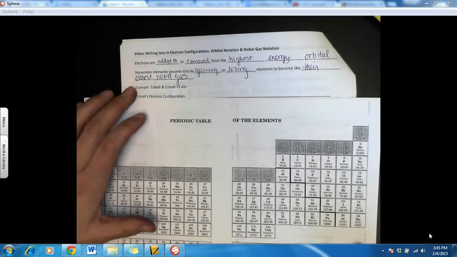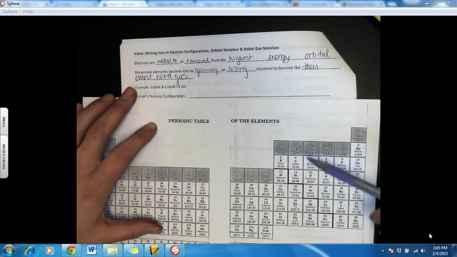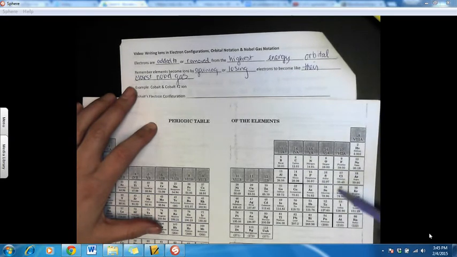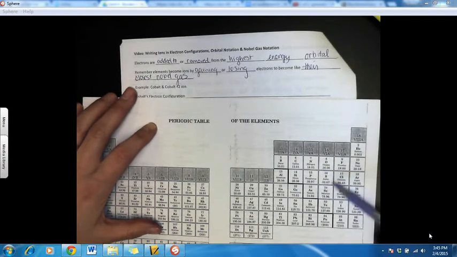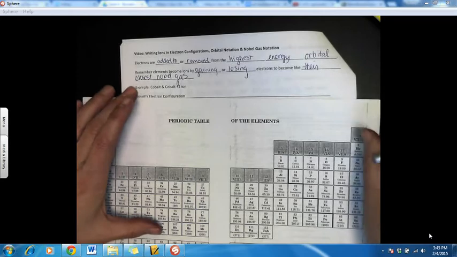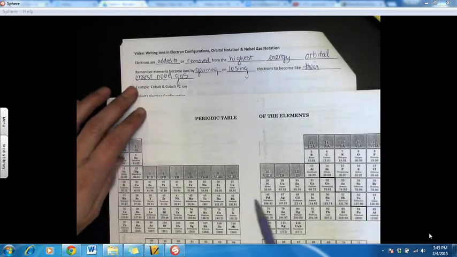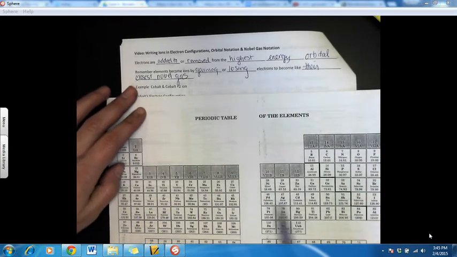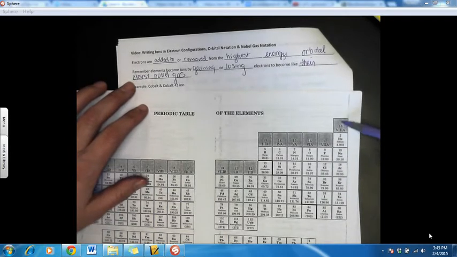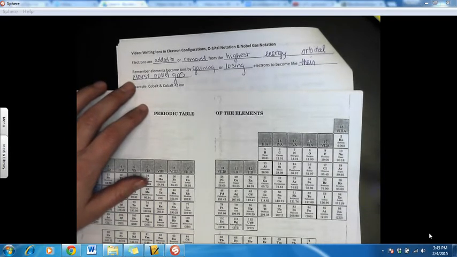So for example, anything that are nonmetals, on this side of the line, are going to gain electrons to become like their noble gas. Anything that's to the left of our staircase is going to lose electrons to become like the noble gas. That way their total number of electrons is the same as the electrons in any of these noble gases.